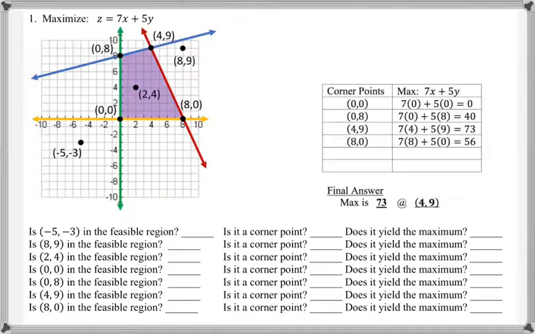If we look at number 1, this is our objective function. This is what we are trying to maximize. So we want to pick values for x and y to get the highest value out of this equation.